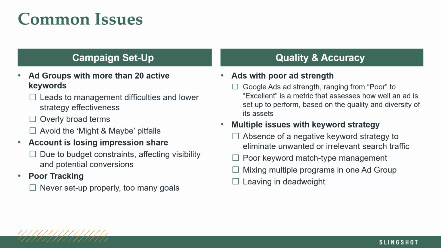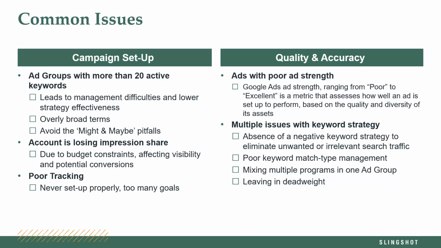Some of the other things are with the quality and accuracy of accounts. A big one is coming across ads that have a poor ranking, which Google is very transparent about. It'll tell you this is an excellent ad, this is a poor ad. A lot of times you're going to fall in the average, and that's fine. Being average is fine.